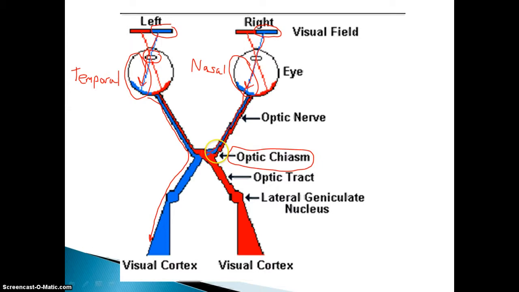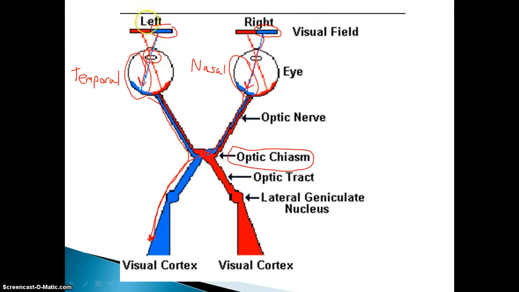So the nerve is actually going to cross over to the other side of your brain at the optic chiasm. So the left side of your brain is going to handle everything that you see on the right side of your body. However, with your left eye, it never has to cross over. But when things are processed in your right eye, things do have to cross over.